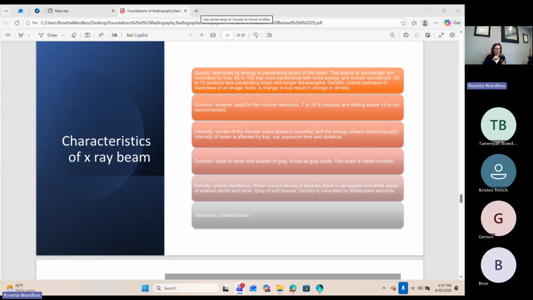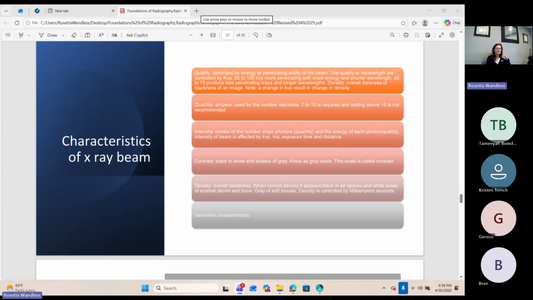Intensity is going to be affected by our kVp, our mA, how much exposure time we're going to use, and the distance from where we put the PID to the target. We always want that PID, the X-ray machine, to go right up to where we're taking that picture, because we want to minimize that space before that primary beam hits our tissue.